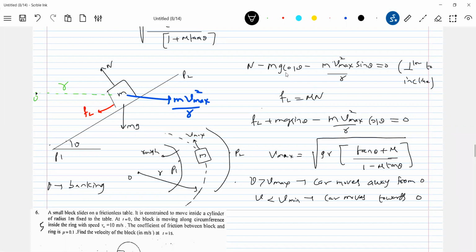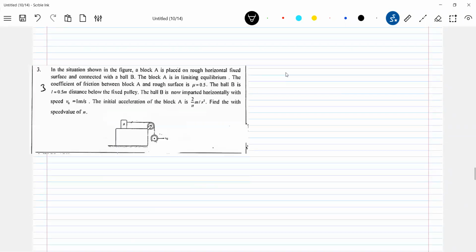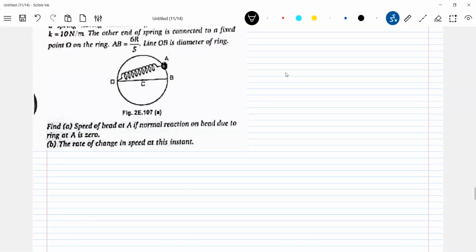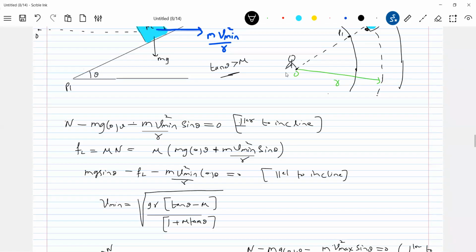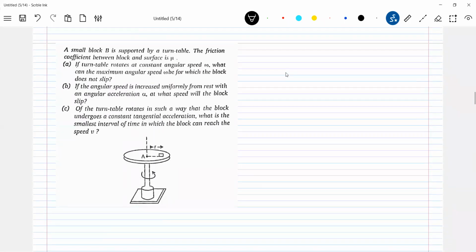Fine, this one. So solve it later on. It's just a bit of mathematics. I'll introduce one more. Yeah, this is again a very good problem. The idea of friction you're going to get very clearly.